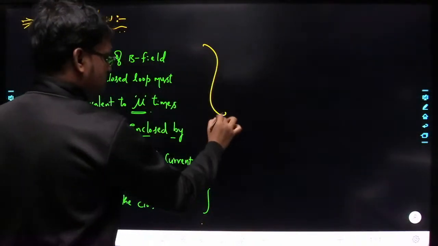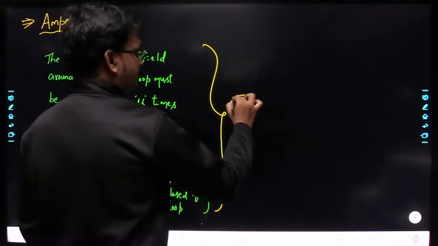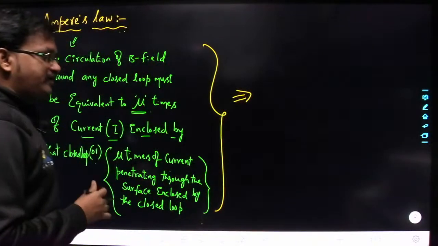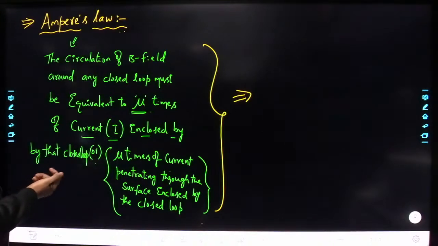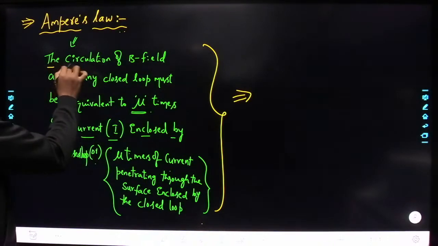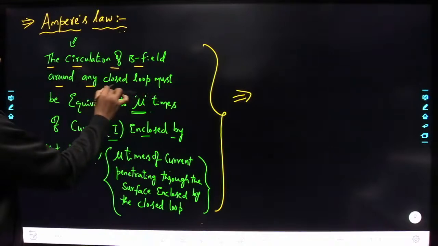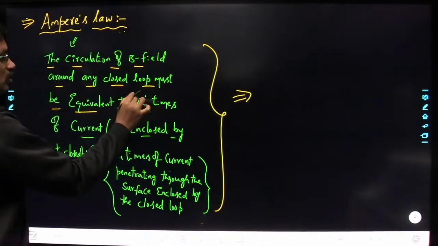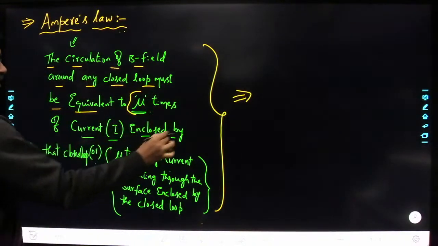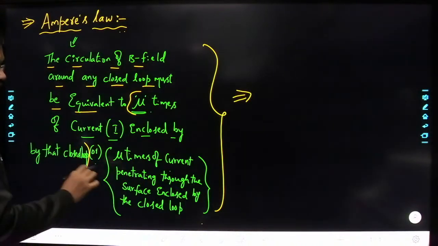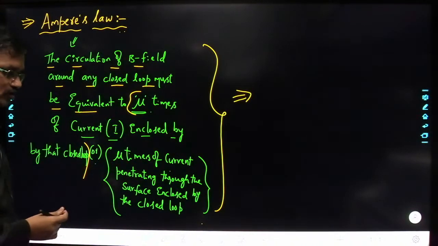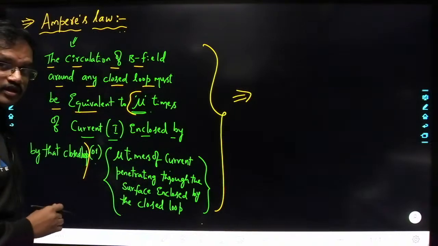So I'll give the mathematical form to this one, and I will explain what this statement means. The circulation of B field around any closed loop must be equivalent to mu times of current enclosed by the closed loop, or mu times of current penetrating through the surface enclosed by the closed loop.